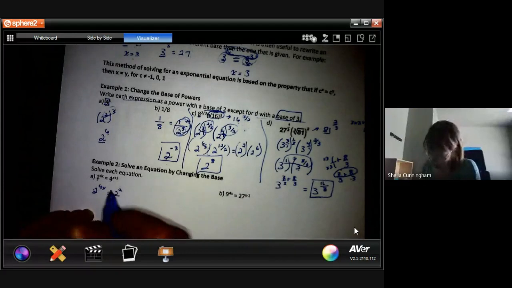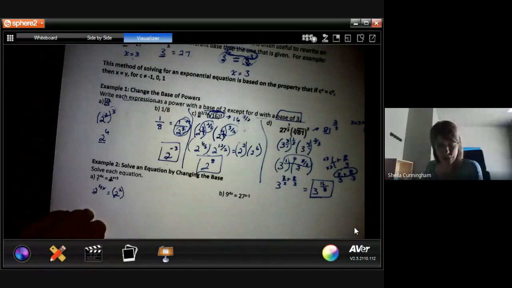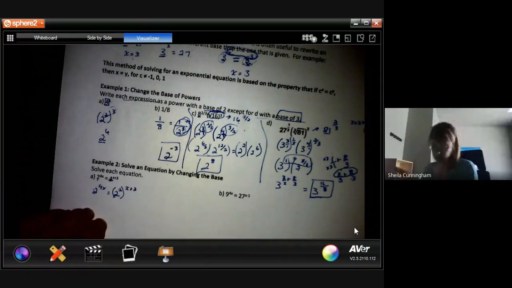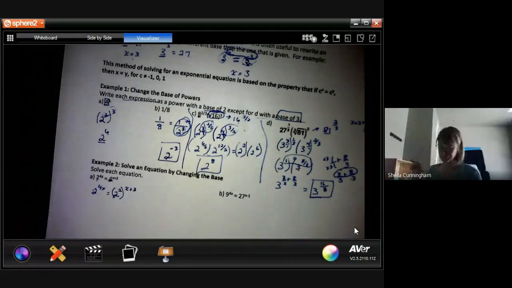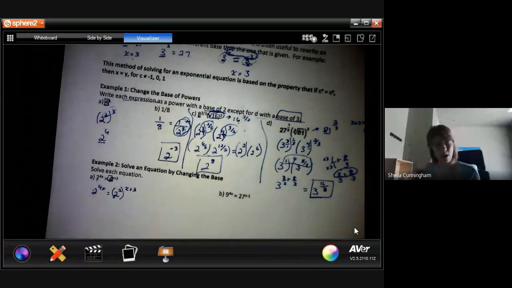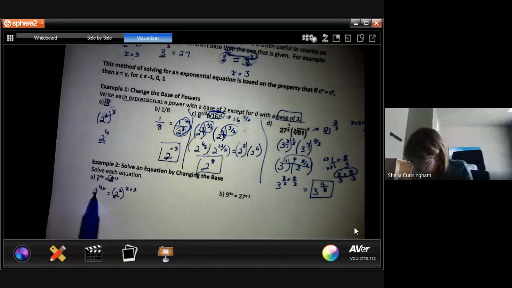So this 4 is the equivalent of 2 to the power of 2. I still have that x plus 3 out there. All I've done is replace that 4 with 2 to the power of 2 so that I can get these bases to be identical.